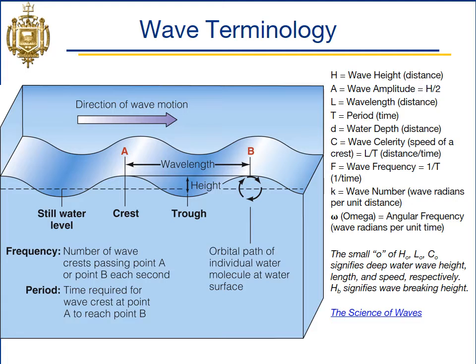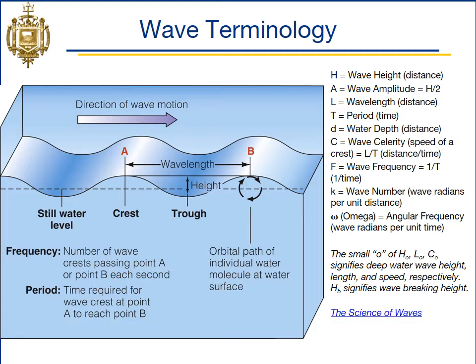The time between subsequent crests, if you're standing in a stationary point and watching waves go by, the time from one crest to the next crest is called the wave period, usually measured in seconds. And then if you combine wavelength and period, you can get wave celerity, or speed, which is the speed of an individual wave crest, and it's simply the wavelength divided by the period.